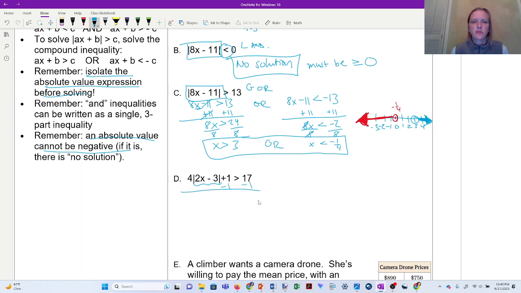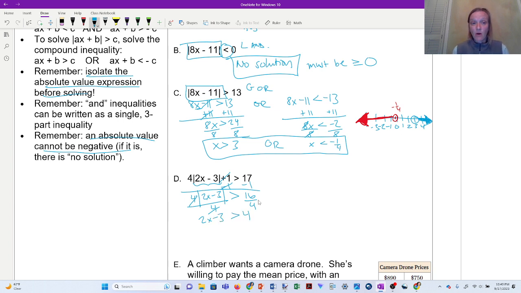Subtract 1 from both sides, and now I'm left with 4 times the absolute value of 2x minus 3 is greater than 16. I can now divide both sides by 4, and I have the absolute value of 2x minus 3 is greater than 4.